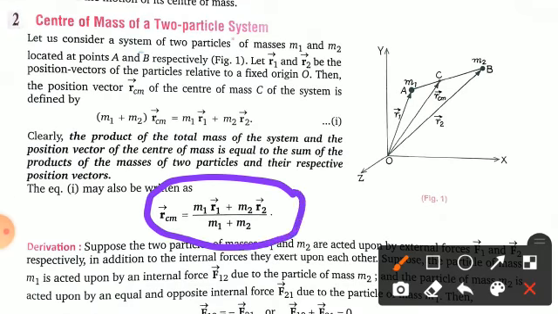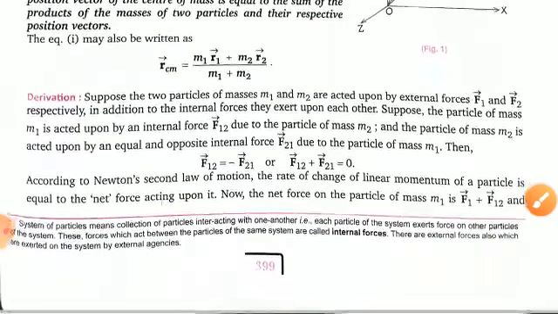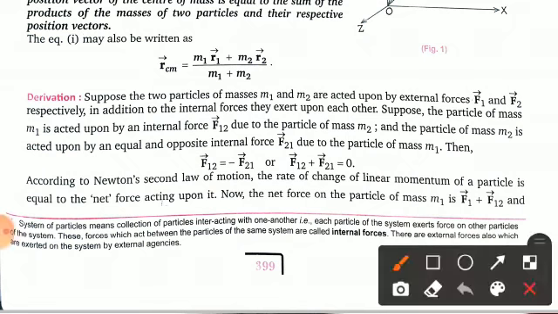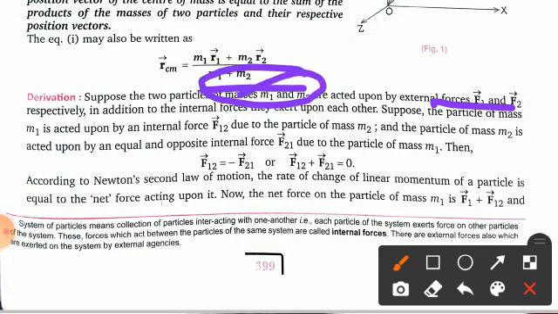Now there is a derivation given here. Suppose the two particles of masses m1 and m2 are acted upon by external forces F1 and F2 respectively. In addition to the external forces, they exert internal forces upon each other.